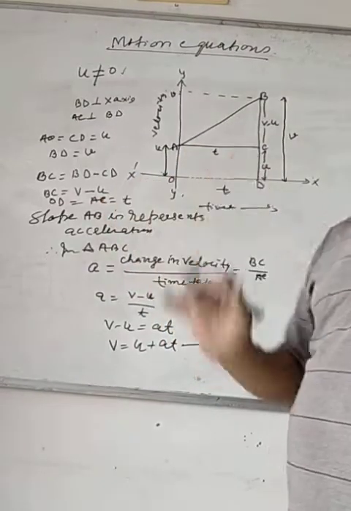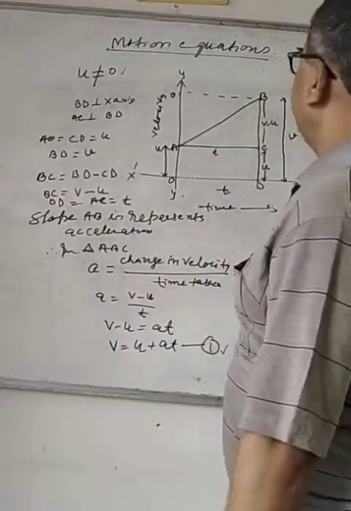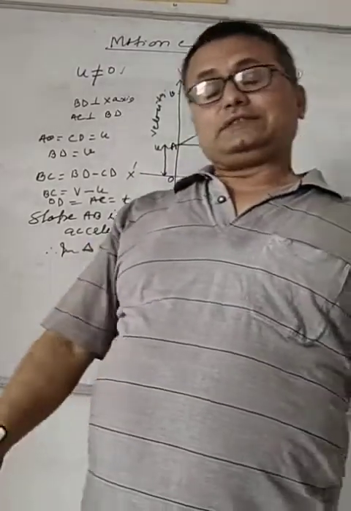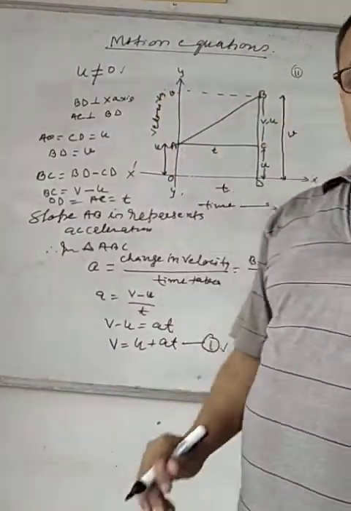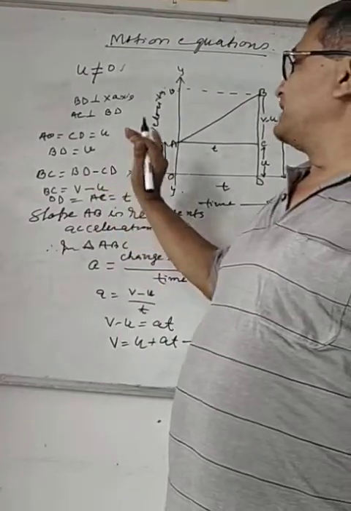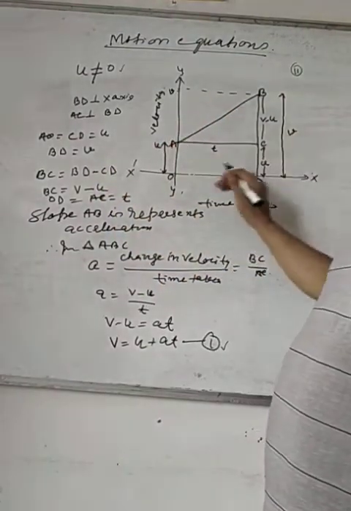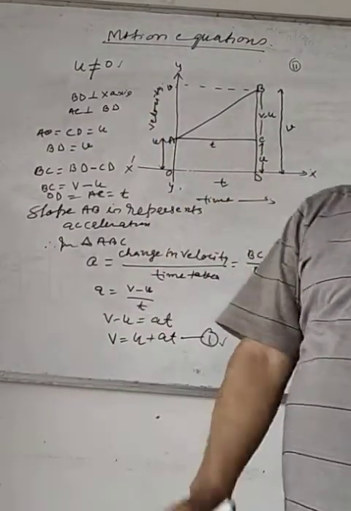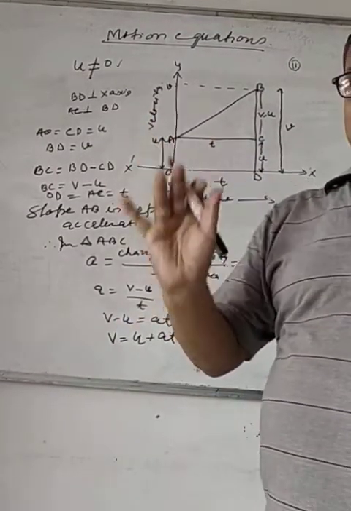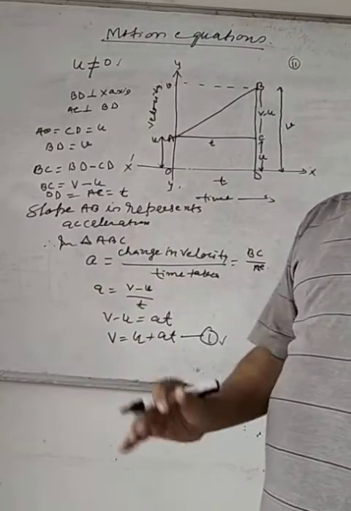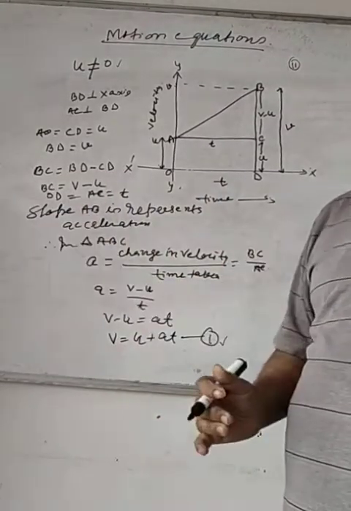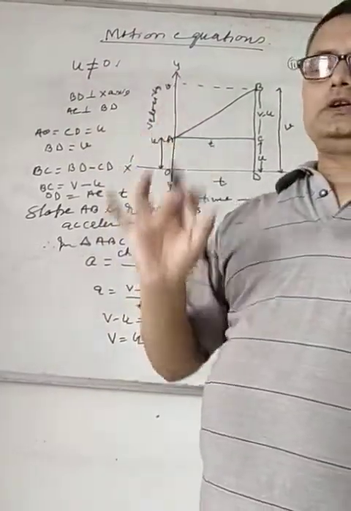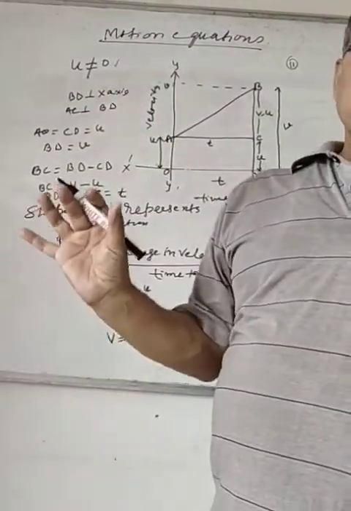The second equation: in a previous video we explained that the area under the graph in a velocity-time graph represents the distance traveled by a body in a particular direction, which is also called the displacement.